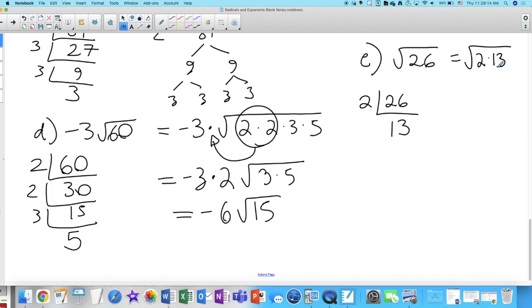So here there are no pairs. Or you can also think 13 doesn't have any perfect square factors. None of the perfect squares divide evenly into 26. So this is fully simplified. So you just write the square root of 26, or you'd write fully simplified.